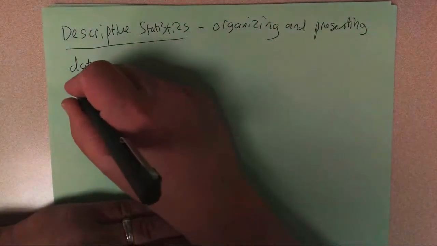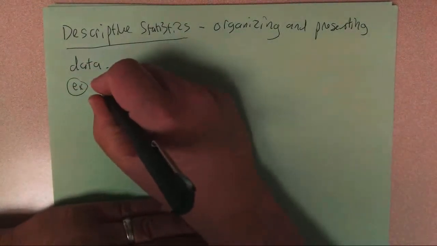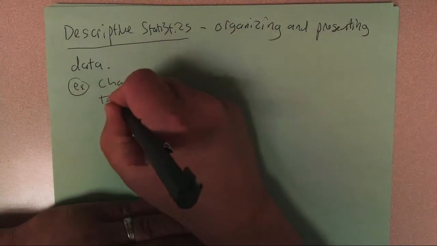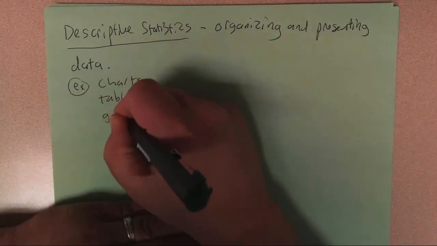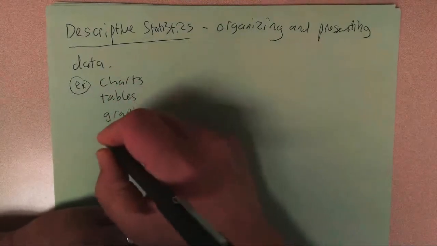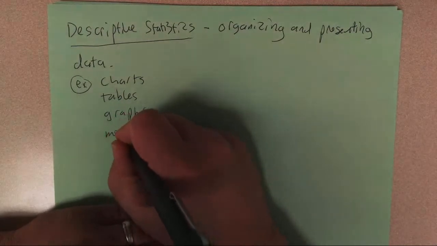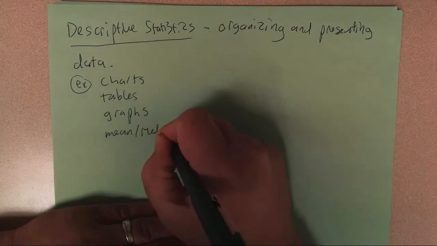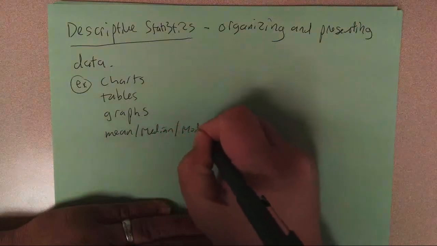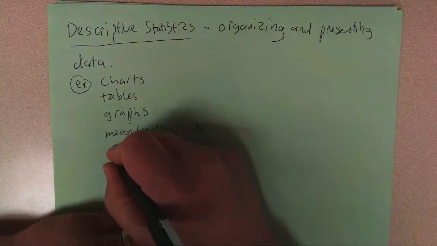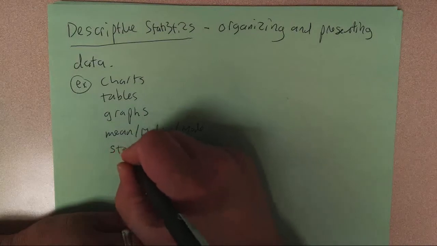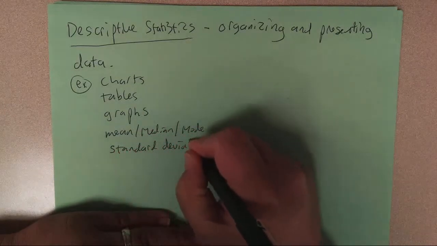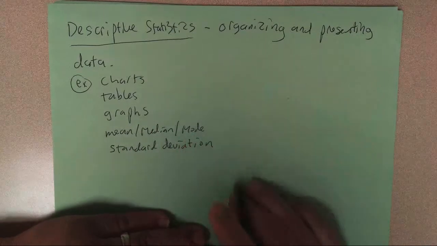And the ways that we do this, we make charts, tables, graphs. We might do things like calculate the mean, median, mode. We might calculate the standard deviation, which tells you how much variation there is in the data.